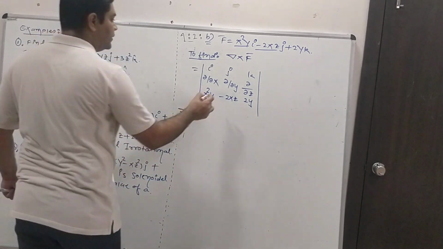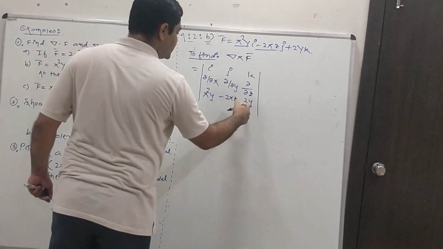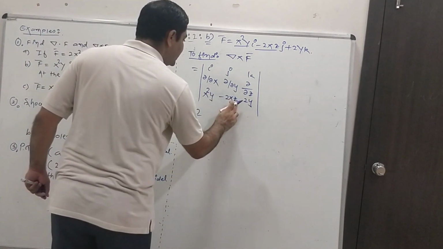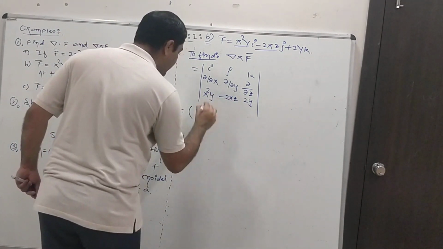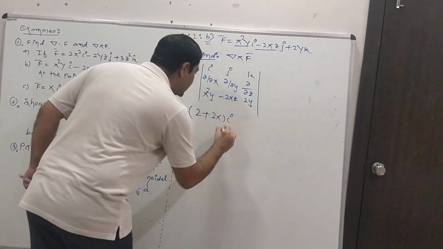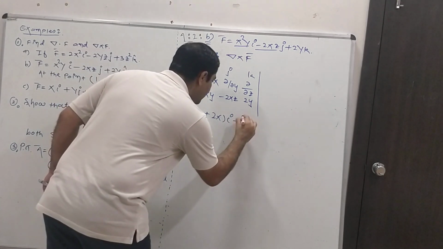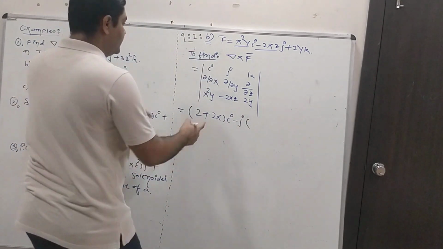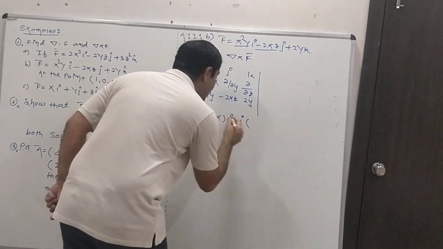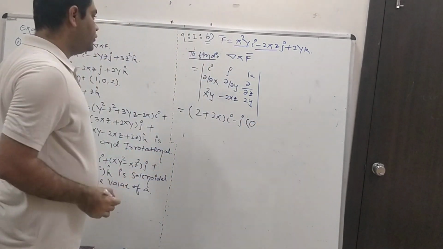So first take the cross multiplication with respect to y. So it gives us 2. With respect to z, z is 1, but minus minus become plus. So it is 2x i, then minus j in the bracket. With respect to y, there is no y. With respect to x, it is 0.